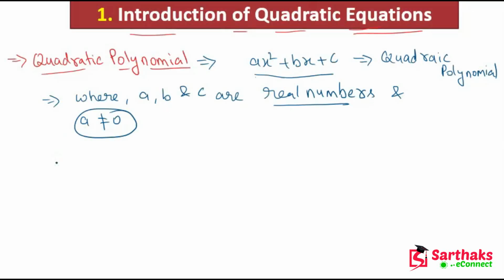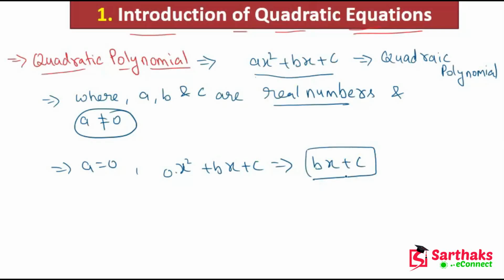Suppose a is equal to 0, then 0 into x square plus bx plus c becomes bx plus c. This is not a quadratic polynomial, this is a linear polynomial.